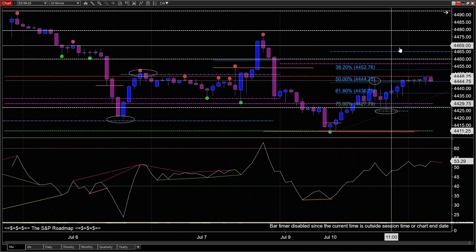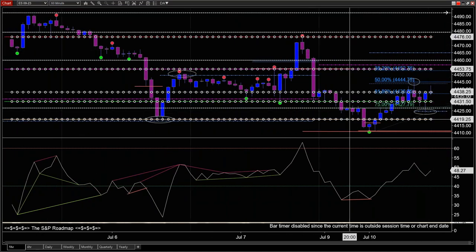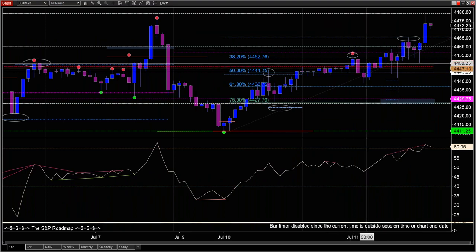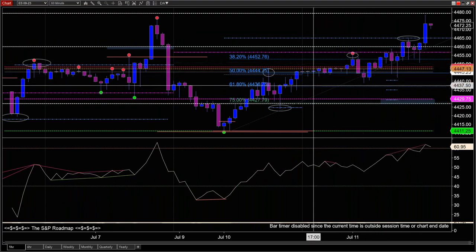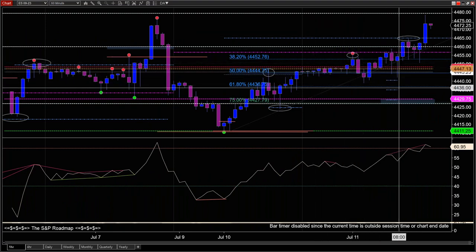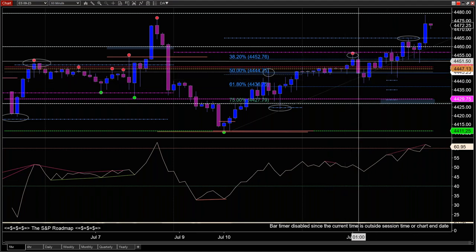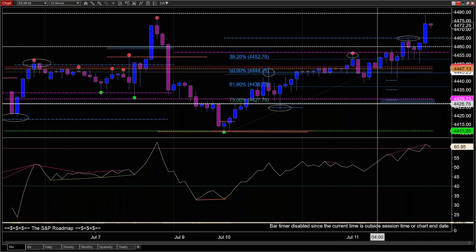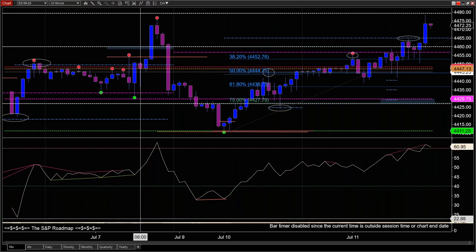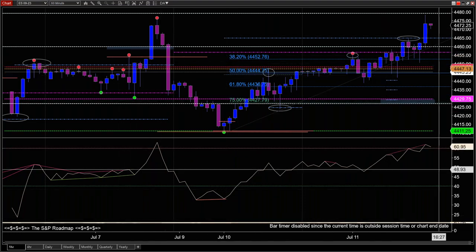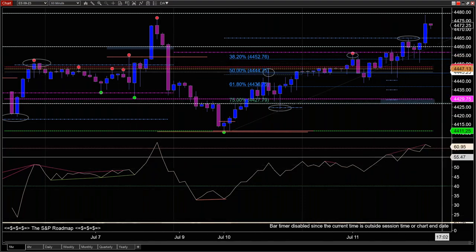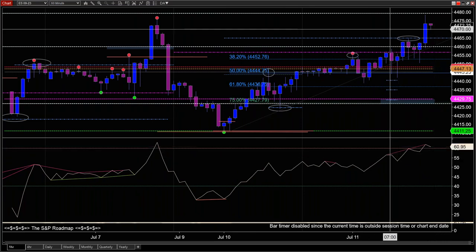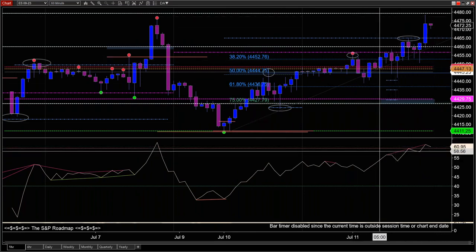Some days, your Hopal is going to be way out away from some of the other levels. It all depends on where the market was trading in the overnight session, because that's how it's calculating. It's going off of the overnight price action, doing a calculation, and then plotting that level. And you will be blown away how many times the market comes right to it and rotates for a 20, 30 point pullback off of it. So those are the levels.